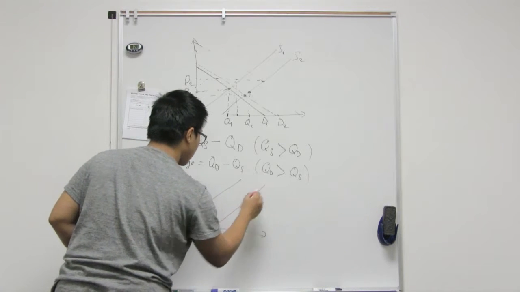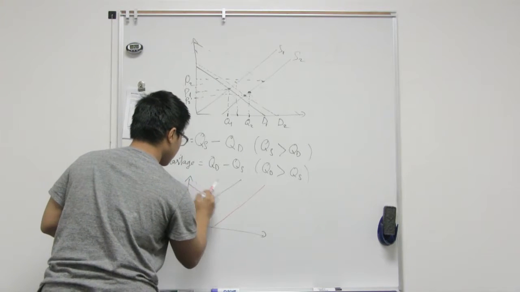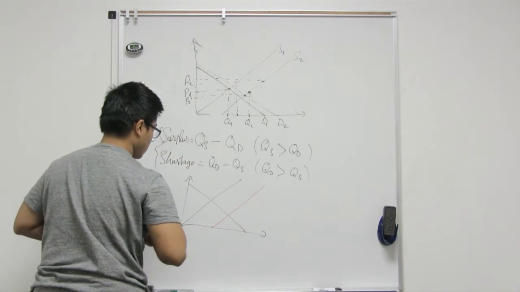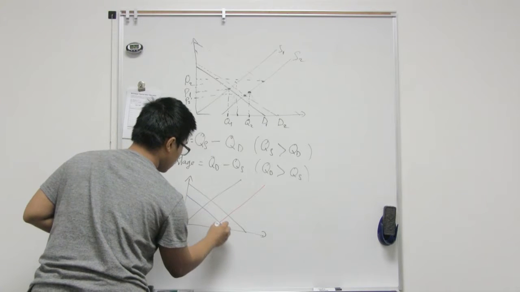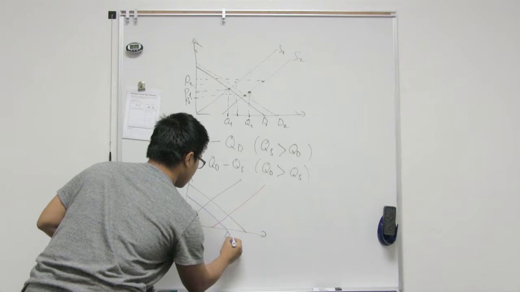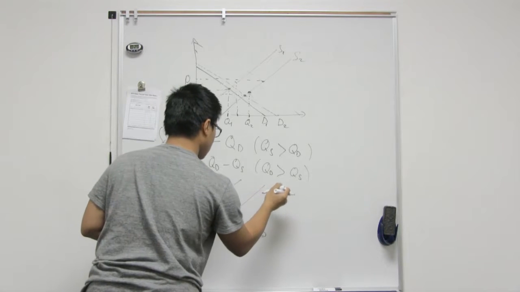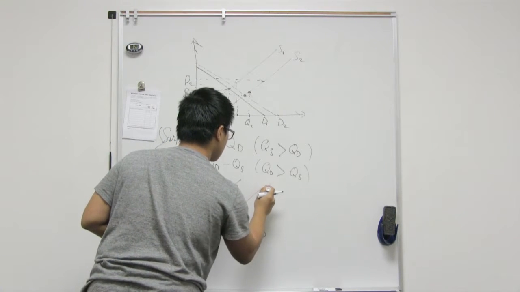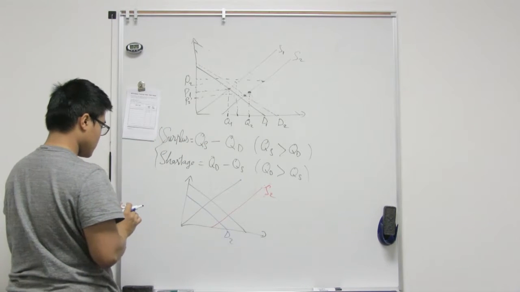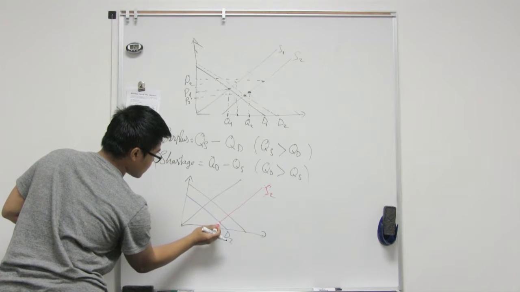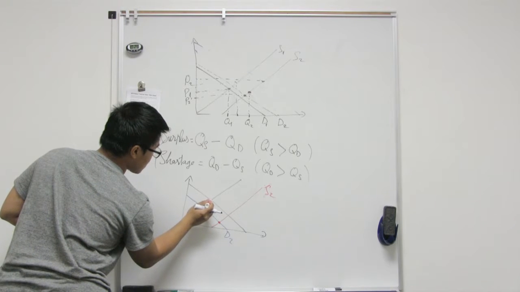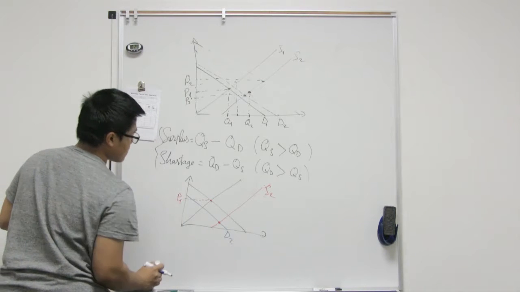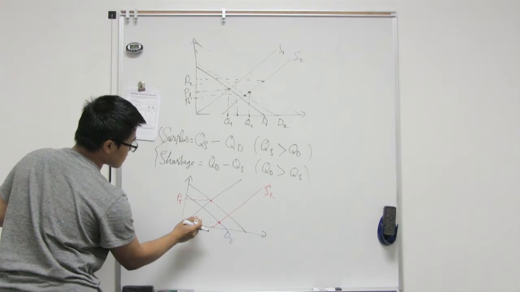So this is the new equilibrium, and this is the old equilibrium. So it's P1. You know that the price will decrease.